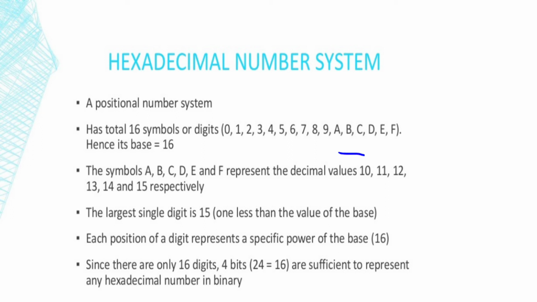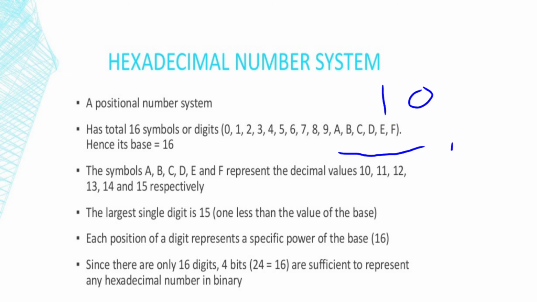What you have to learn here is that the numbers 10, 11, 12, 13, 14 and 15 are not written as they are. Rather than writing 10, 11, 12, 13, 14 and 15, we write the alphabets capital A, capital B, capital C, capital D, capital E and capital F. The reason behind this is, if I directly write 10, the computer will not store 10 as a whole number.